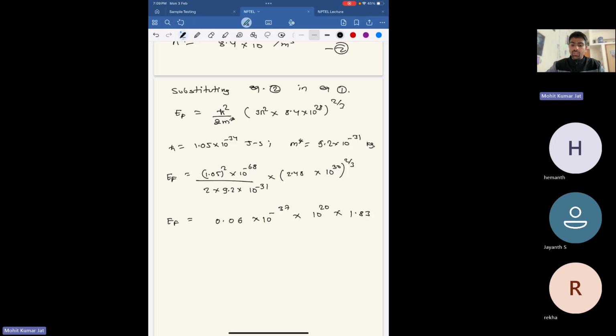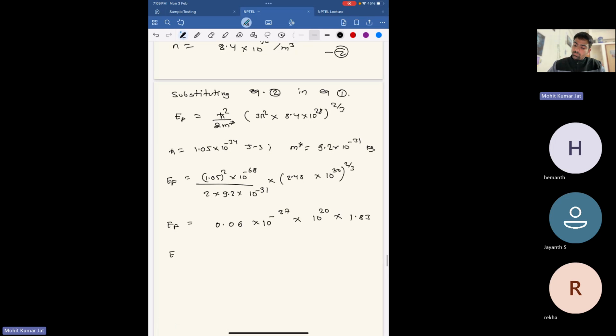So 1.83 times 0.06 will give me 0.109 times 10 power somewhere minus 17. So EF is nothing but 10.9 times 10 power minus 19 joule.